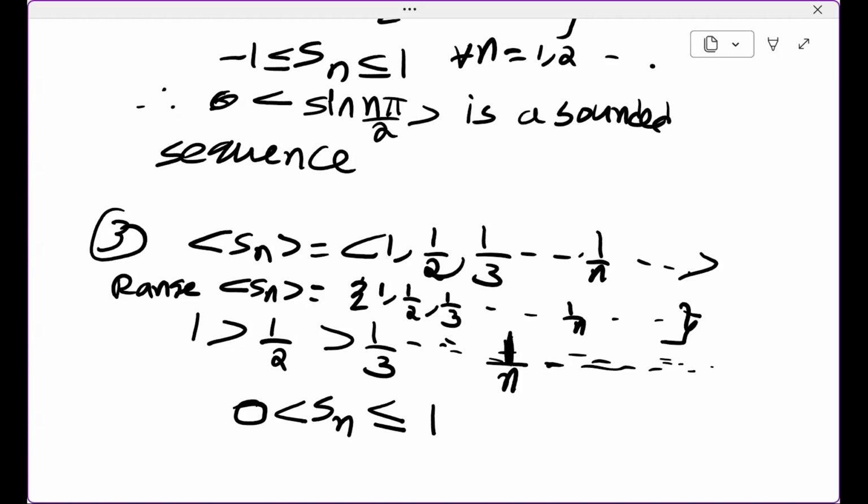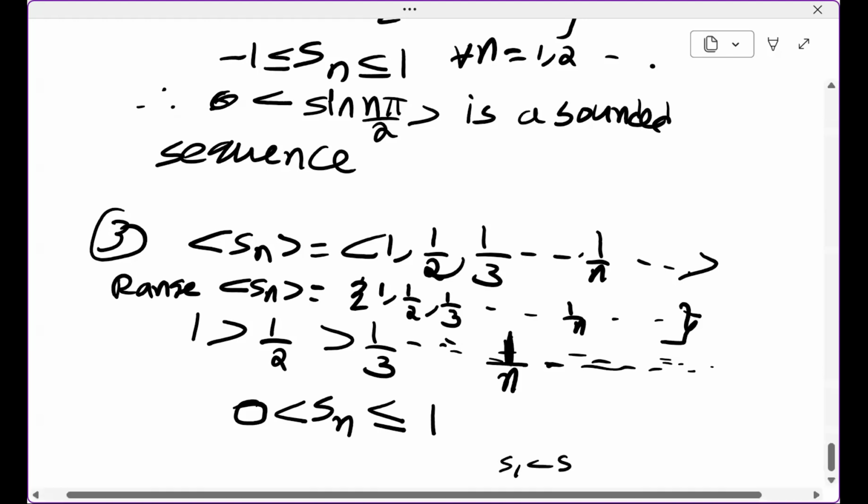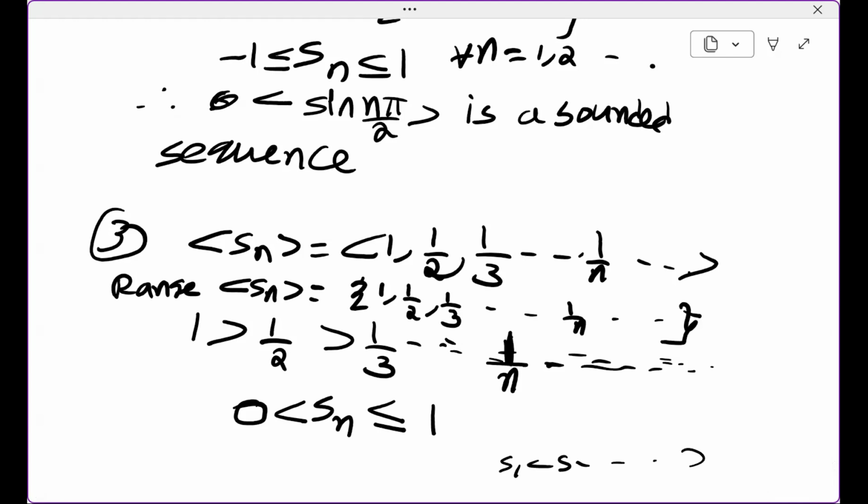Remember this shortcut. Here, the limit of 1 by n is 0, and that gives the lower bound. If it is increasing, the limit of the nth term will give you the upper bound. So if it is like S1 less than S2 and so on, the limit of the nth term will give you the upper bound. Because it is the other way, greater, this limit will give you the lower bound.